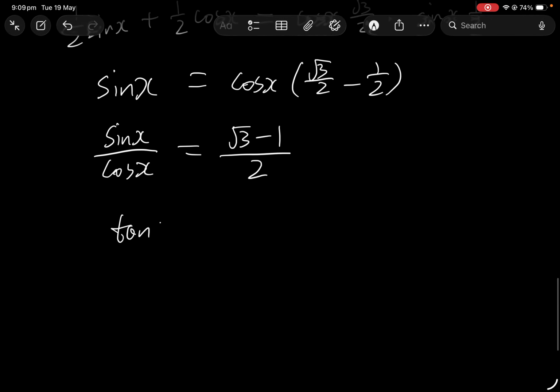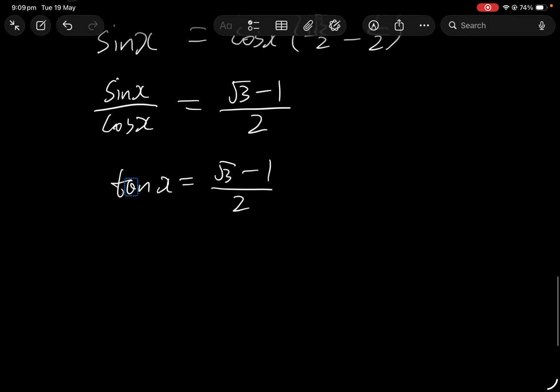Tan x equals square root 3 take 1 over 2. And now, so we can move that to that side and you divide.